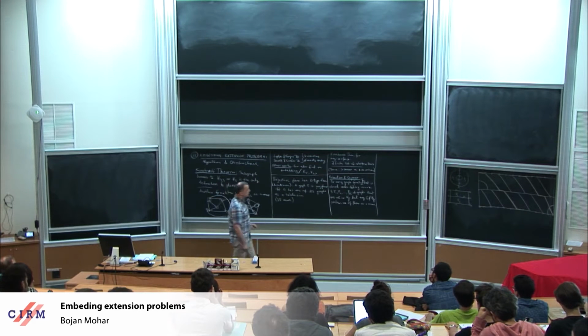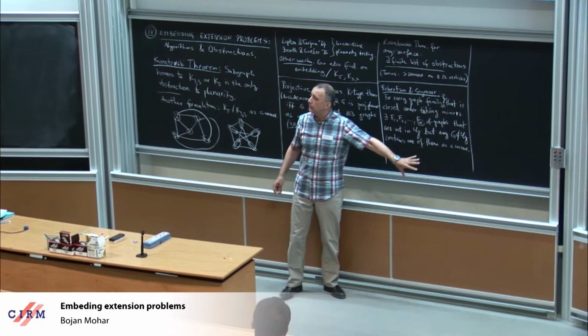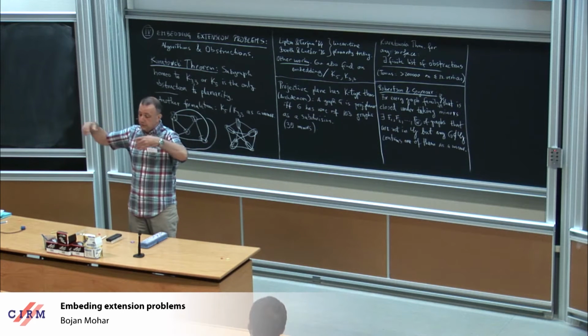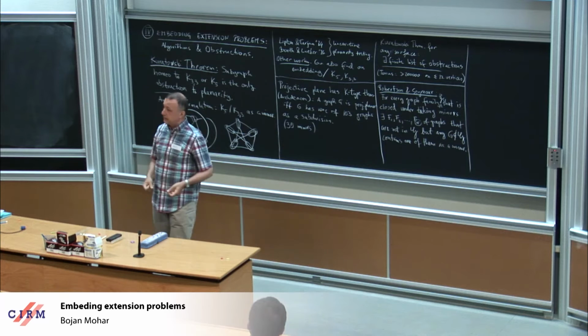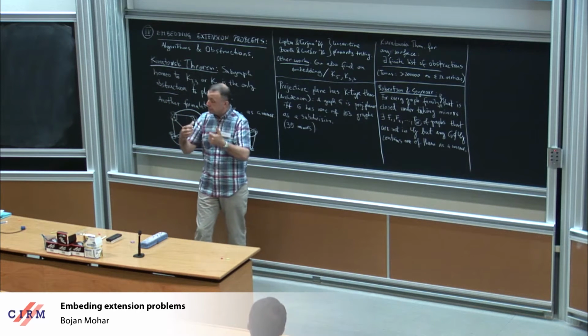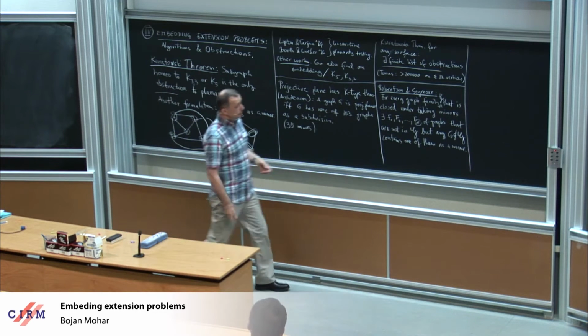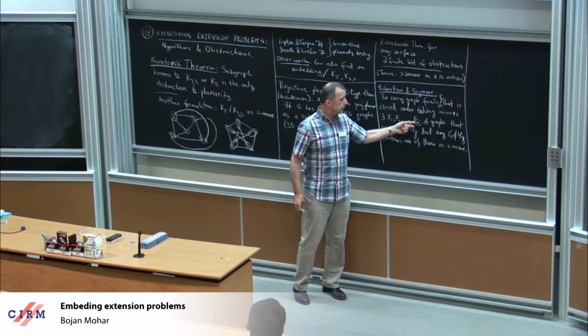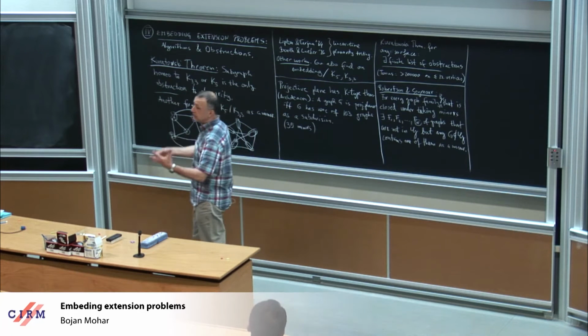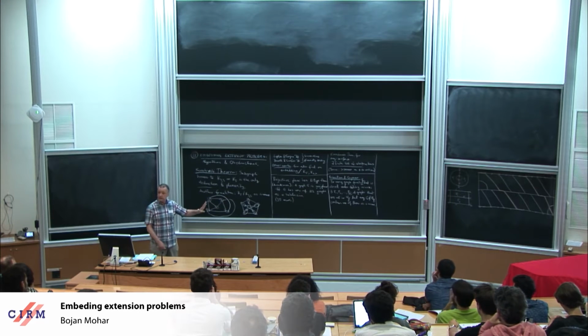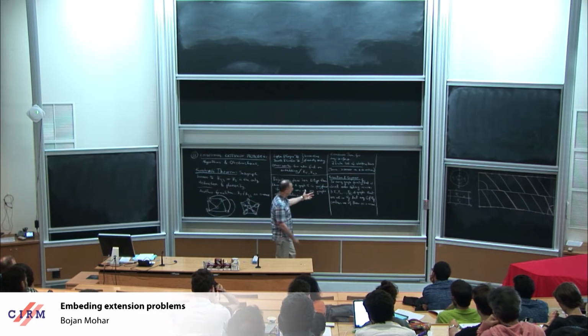You see, graphs on a fixed surface are closed under taking minors. If you delete an edge, you still have a drawing. If you contract an edge, as I explained the other day, you can really shrink it so that you preserve the embedding. The proof doesn't say how big this n would be, or how big these graphs would be. No constructive bound. So that's a kind of disadvantage.